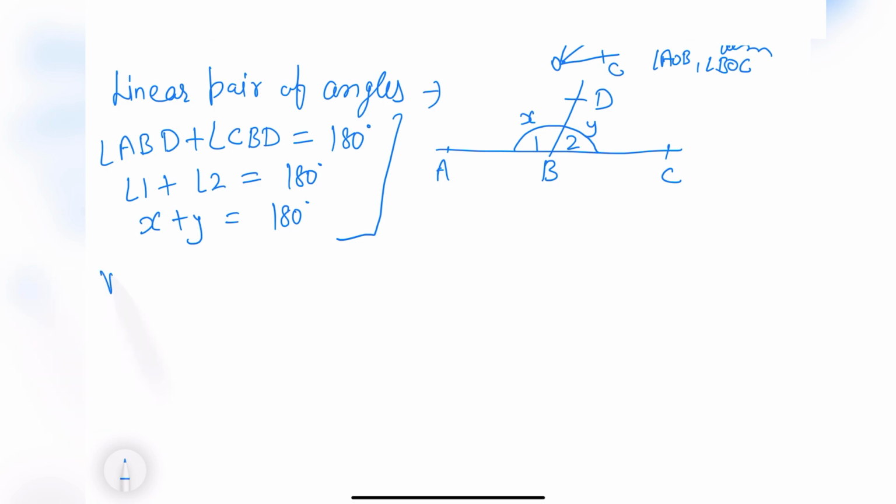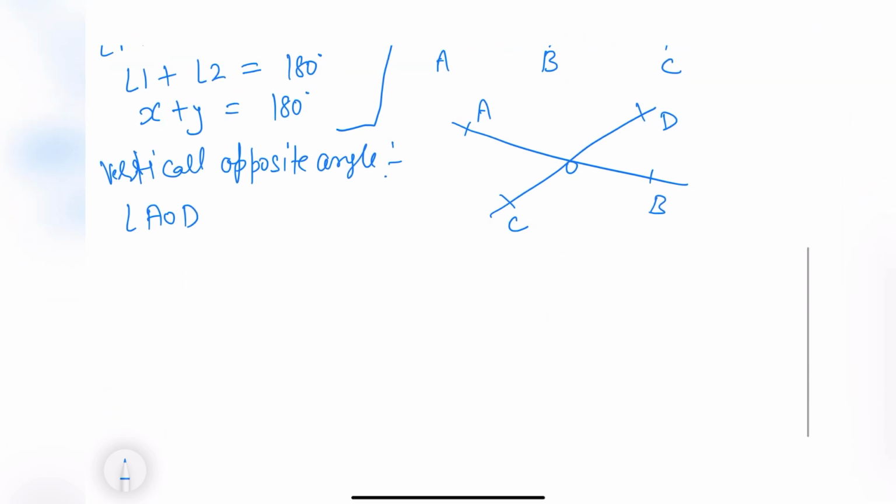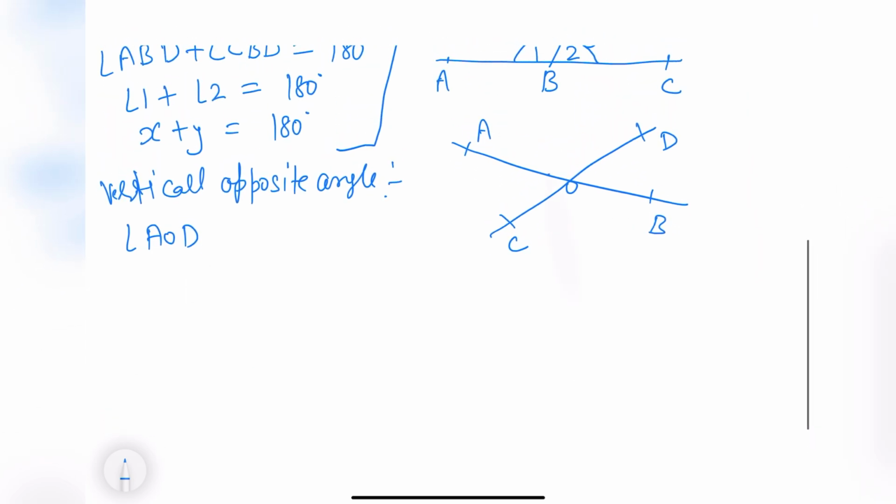Then we have vertical opposite angle. Vertical opposite angles form between two intersecting lines. Like we have one line AOB and another line COD. Then angle AOD is vertical opposite to the angle BOC and they are equal.